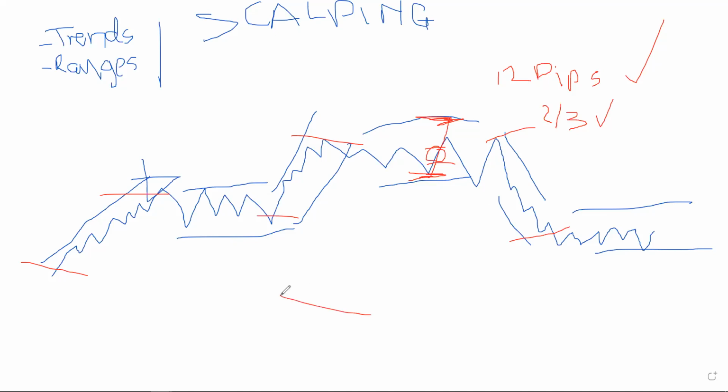So if the market is moving from down here to up there, so the market goes like this. At this point, it might go up or it might go down. You don't know.